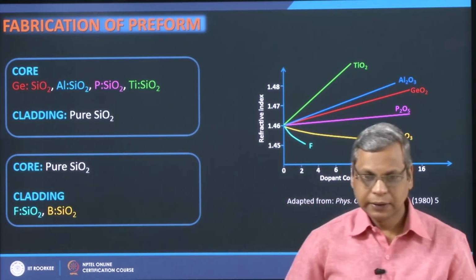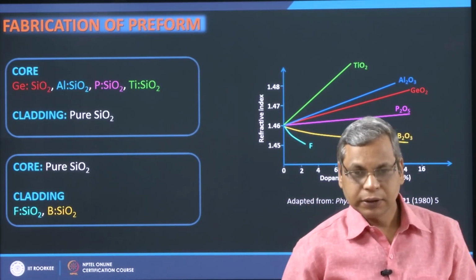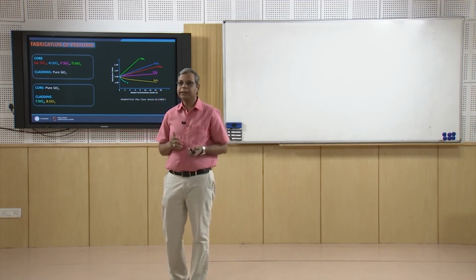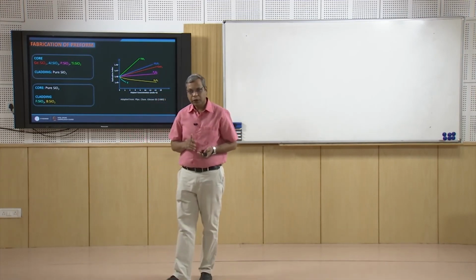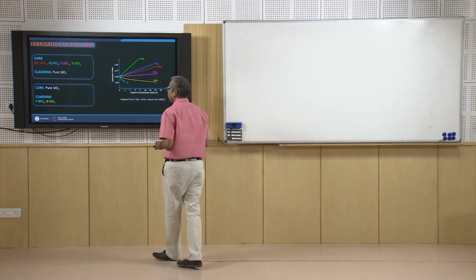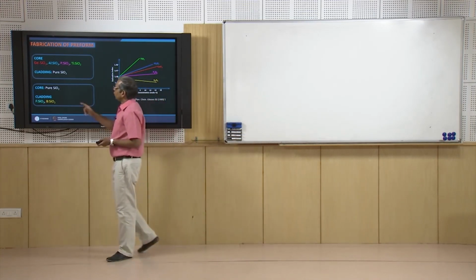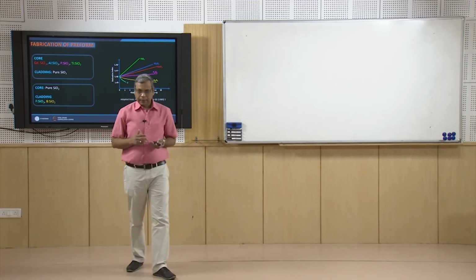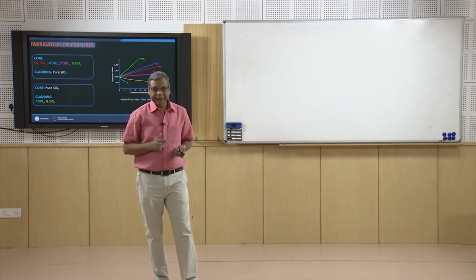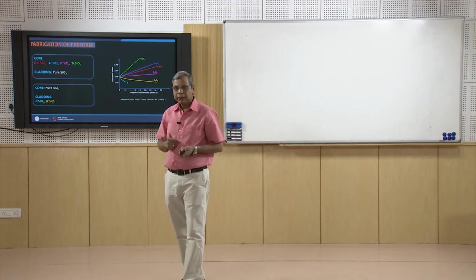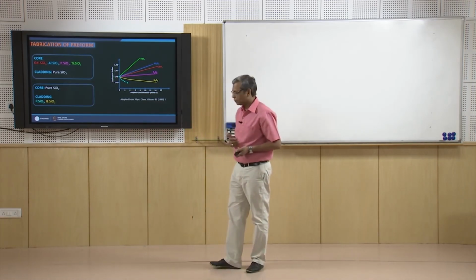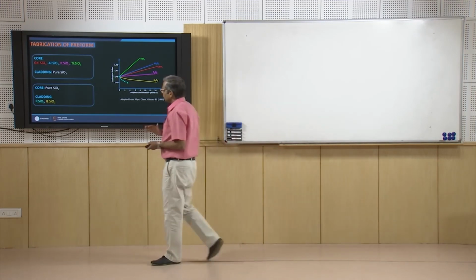Well, you use a burner which is kept at around 1600 degree centigrade, and this burner translates in the horizontal direction, and simultaneously this tube is rotated. So the burner translates and the tube is rotated so that it can cover the whole surface area of this tube.